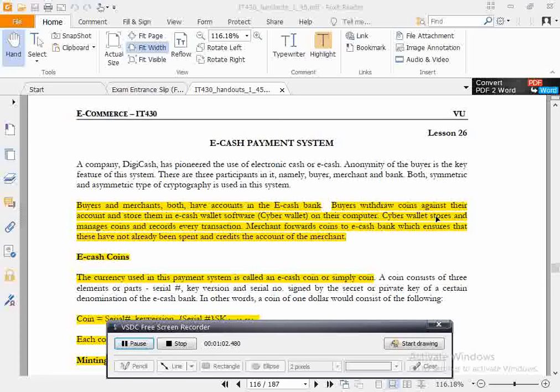Cyber wallet stores and manages coins and records every transaction. Merchant forwards coins to eCash Bank, which ensures that these have not already been spent, and credits the account of the merchant.